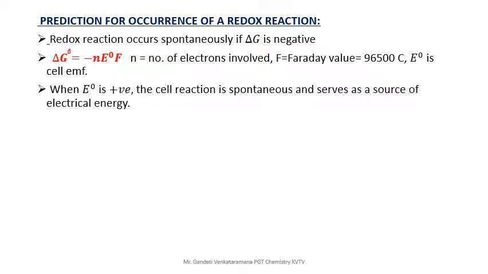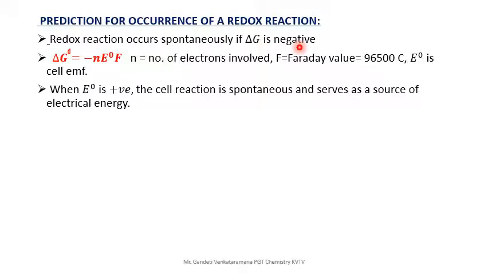Next, when E naught is positive, the cell reaction is spontaneous and serves as a source of electrical energy. When E naught is positive, what will happen generally? Now we are going to connect with thermodynamics. If this E naught is a positive value, positive into negative, again we will get negative. So delta G is negative, then only it is spontaneous. If delta G is negative, it is spontaneous.